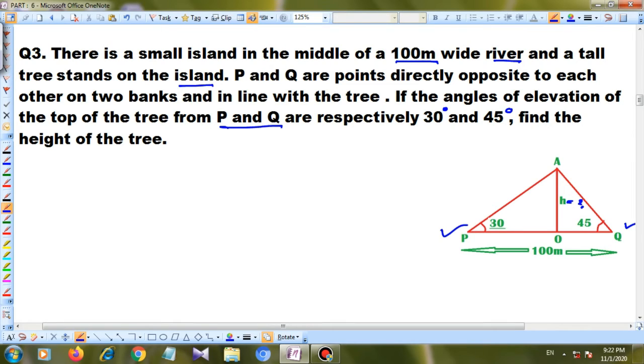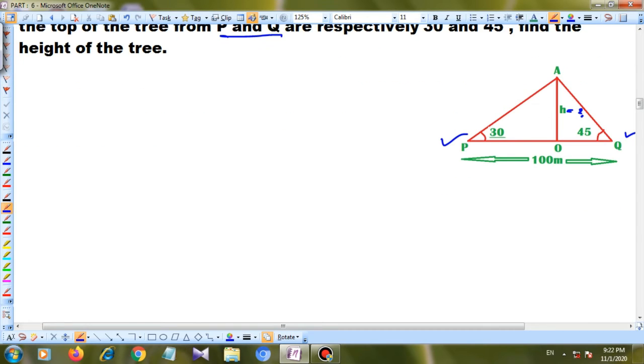So in right angle triangle POA, tan 30 equals h upon OP.